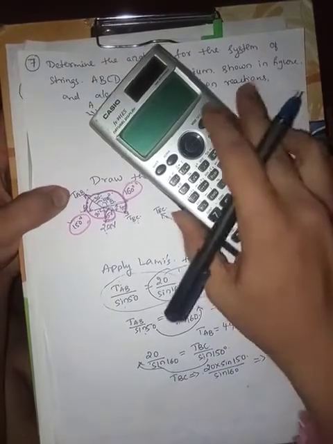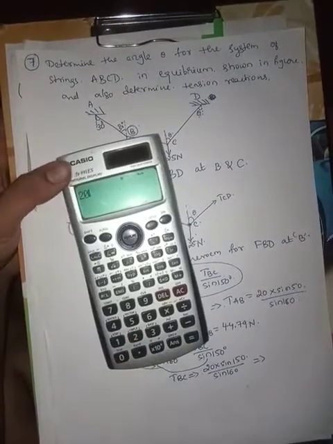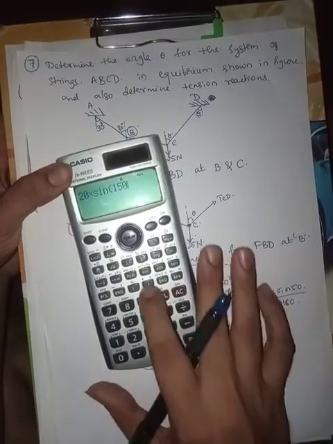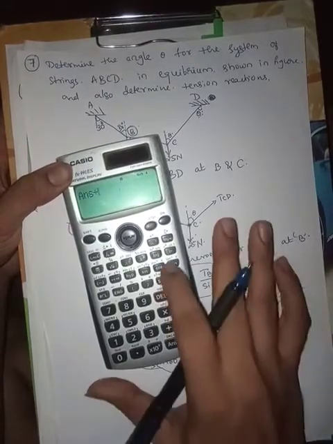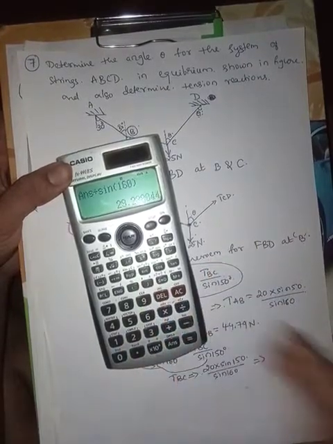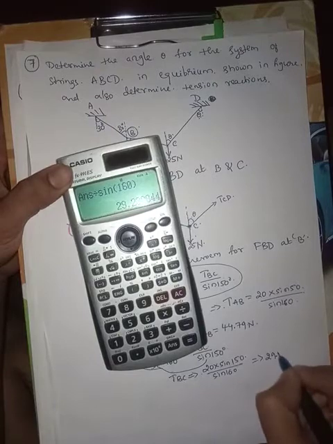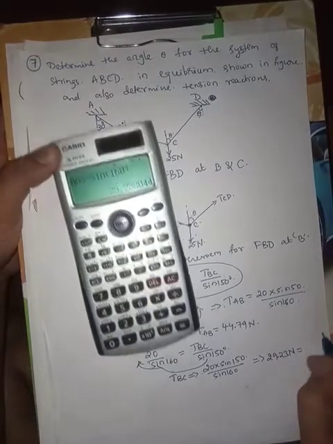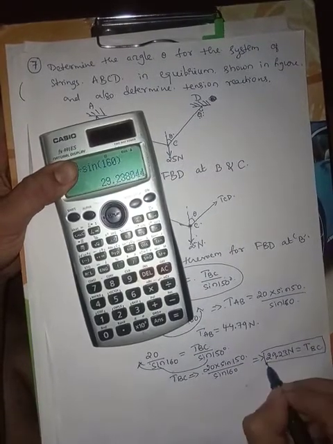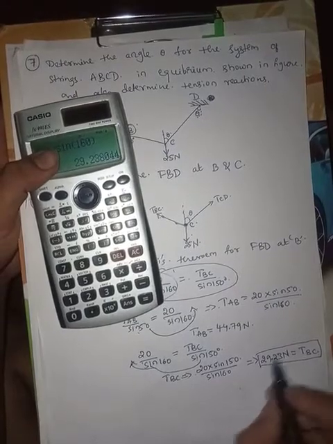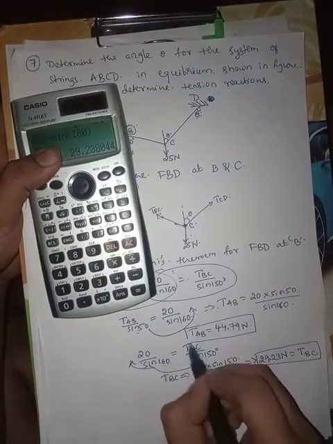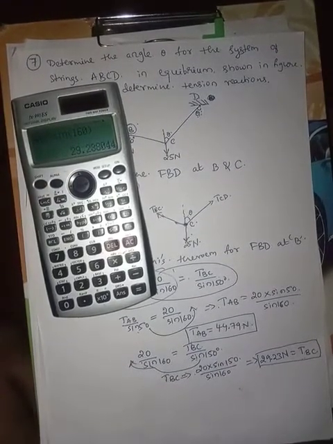So what is that? 20 into sine 150 upon sine 160. It is 29.23 Newton, which is nothing but TBC. So till here we found the tension forces TBC and TAB. So I'm highlighting it.